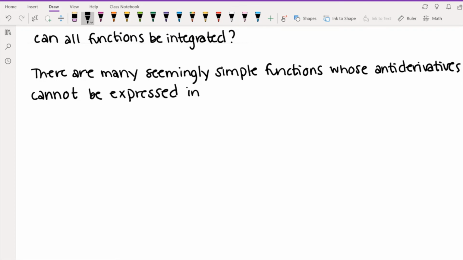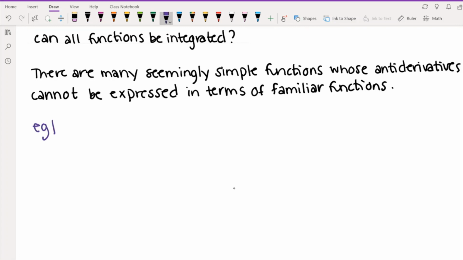It's not to say that they don't have an antiderivative. But you can't express the antiderivative in terms of sine or cosine or a polynomial or a radical function or inverse trig or any of the types of functions we've been working with. So you have to resort to other methods, which we are not going to be covering in this class. So I just want to show you a few examples of functions that we can't integrate.